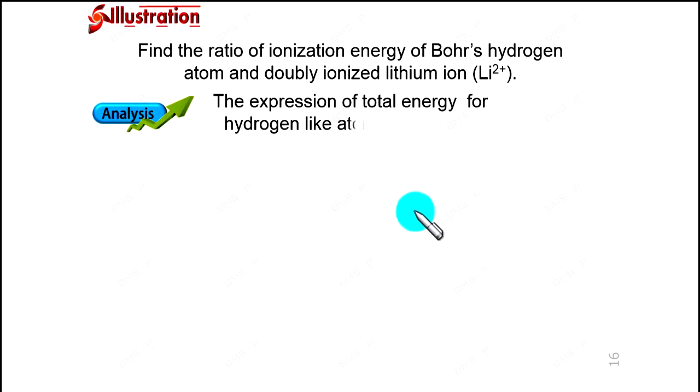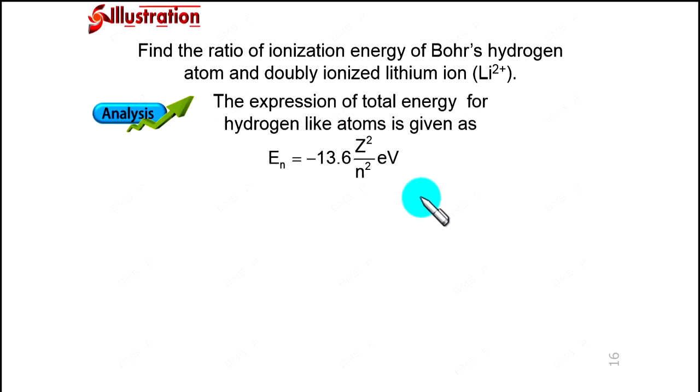So let us write this expression, right. And we know that ionization energy is the energy required to eject the electron from n equal to 1 to n equal to infinite. That is, for removing the electron from ground state to out of the atom, the minimum energy required is the ionization energy.